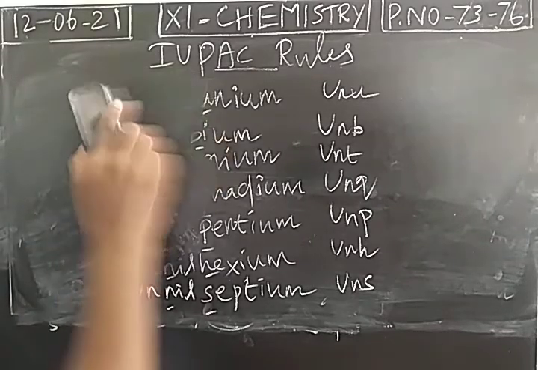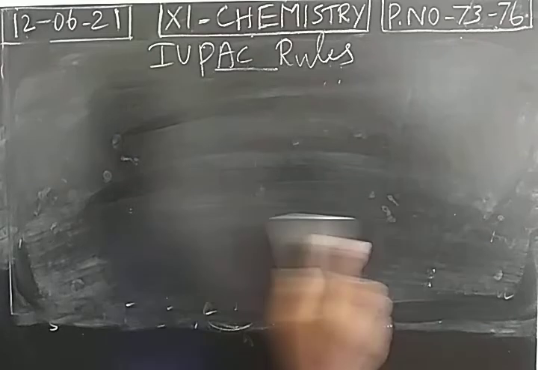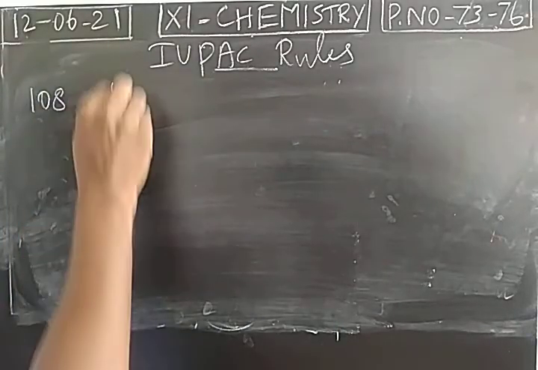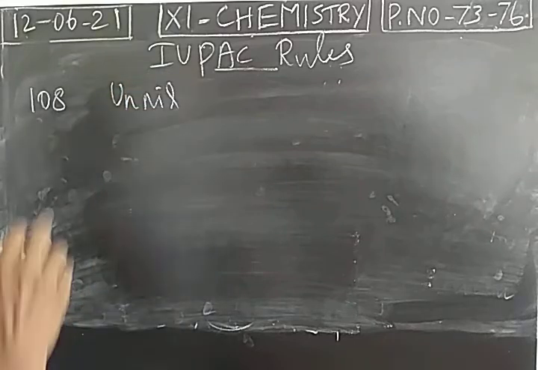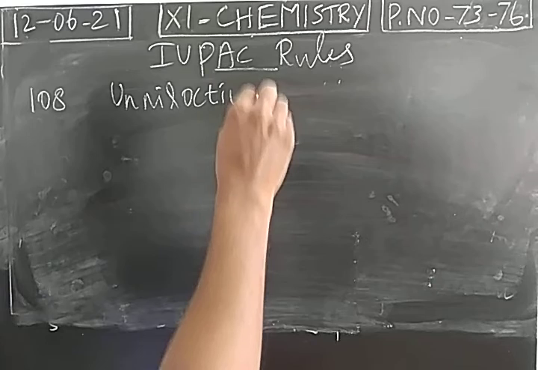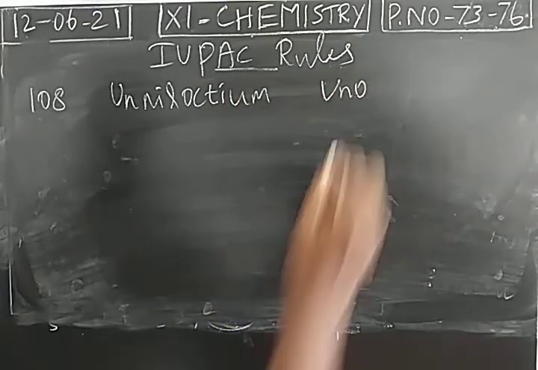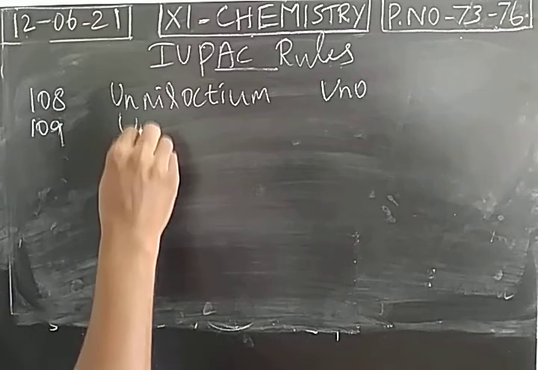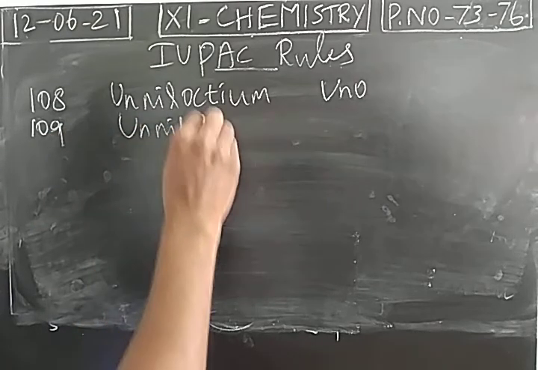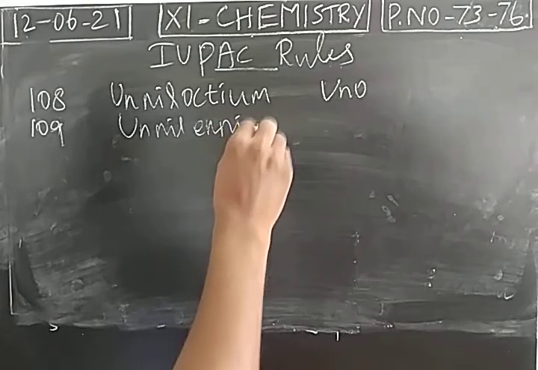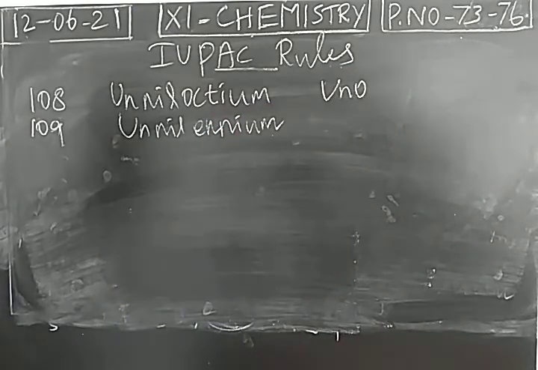Then 108: unnil, 8 means root word oct, so unniloctium, Uno. And 109: unnilennium.